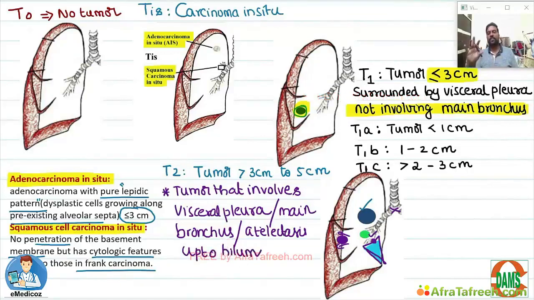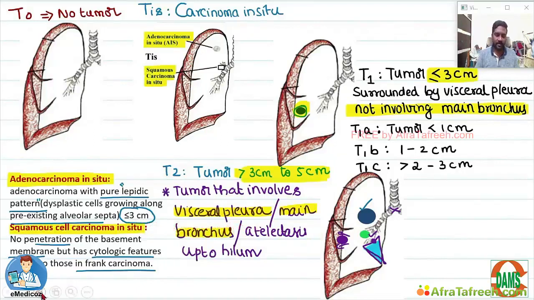So T2, the tumor will be definitely more than 3 centimeter up to 5 centimeter. This is the size. And the characteristics, it can either involve the visceral pleura, the main bronchus, or atelectasis up to hilum.